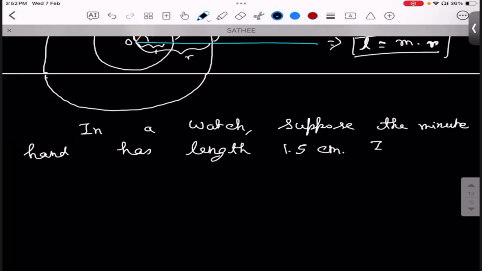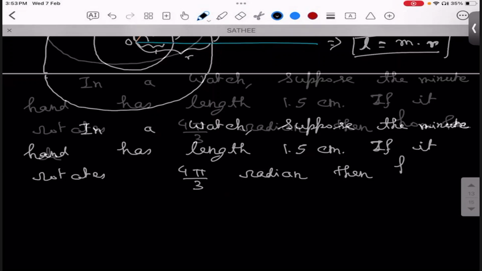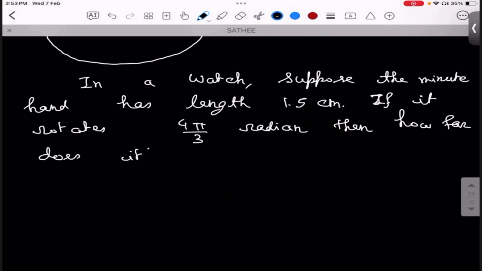Now if it rotates 4 pi by 3 radian, this is one particular value of the radian, then how far does its tip move? This is the question.